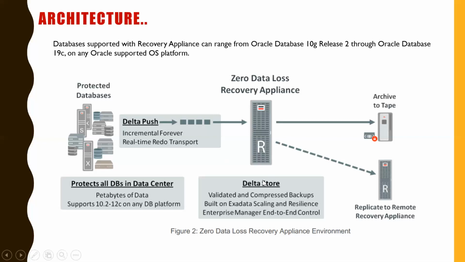The information in the Delta ASM disk group is what we call the Delta Store, and it has all the information required whenever we need a backup to be restored or recovered. The other capability of ZDLRA is that it is more compatible with Exadata, and it can handle petabytes of data also.